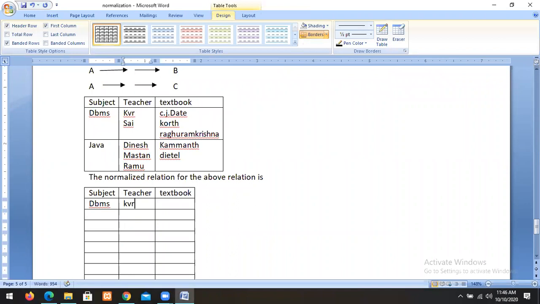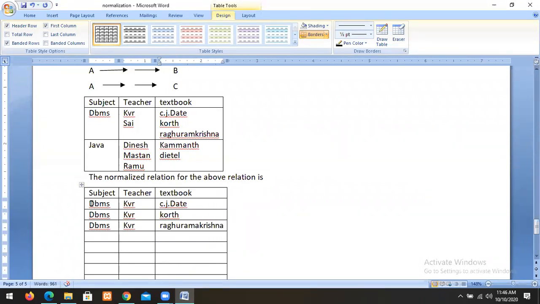This subject is taught by KVR, and the textbook is C. J. Date. And for the same subject, I also use Raghu Ramakrishna. Similarly, this subject is also taught by Mr. Sai.